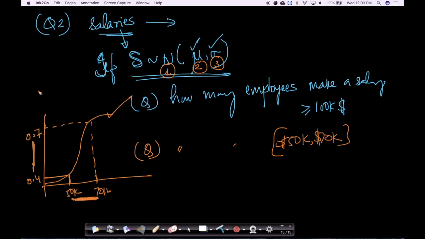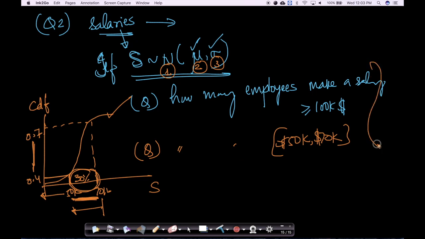Because, what is a CDF? Again, this is the CDF of salaries, right? I know that 40% of points lie below $50,000 and 70% of employees make less than $70,000. So there are 30% of employees who make salaries between $50,000 and $70,000.